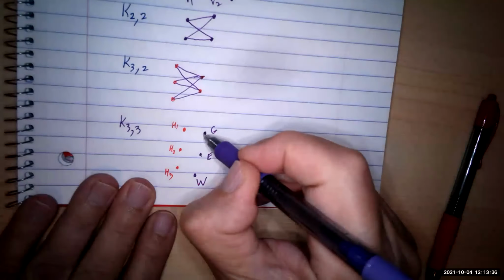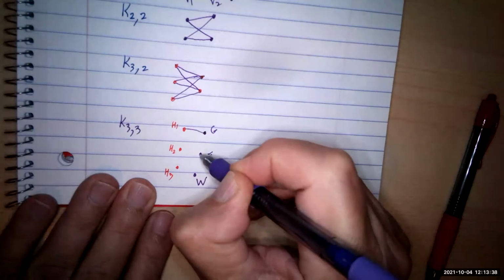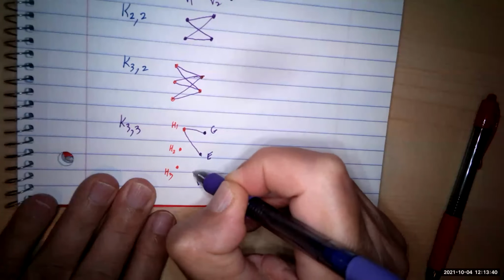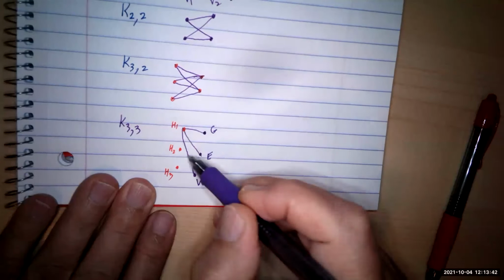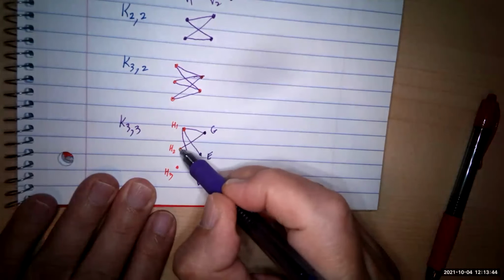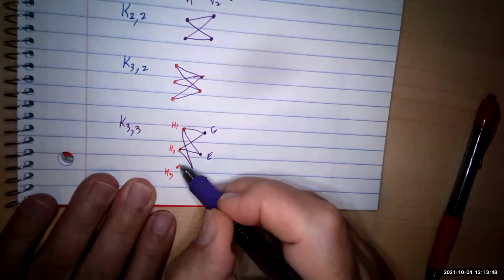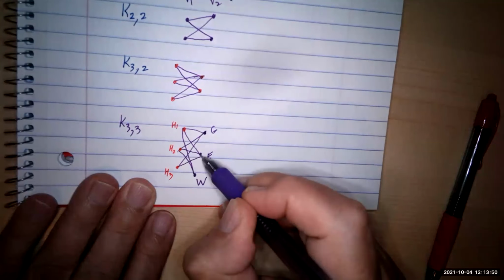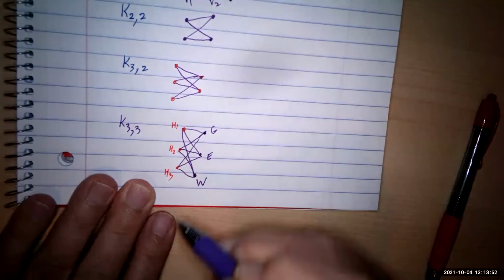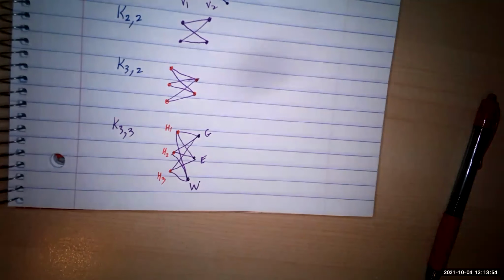So each home would have this connection. That's going to be the gas, electricity, water, and the gas, electricity, and water. That's the second graph of Kuratowski that I talked about, the K5 and the K3,3.